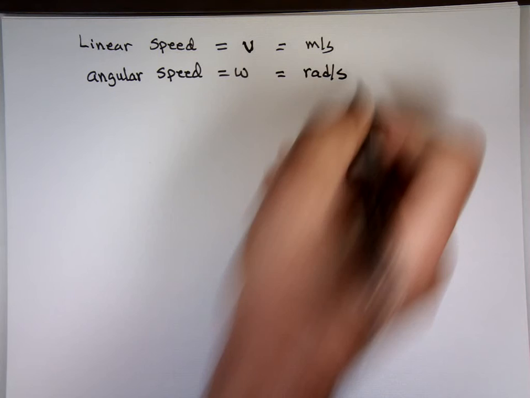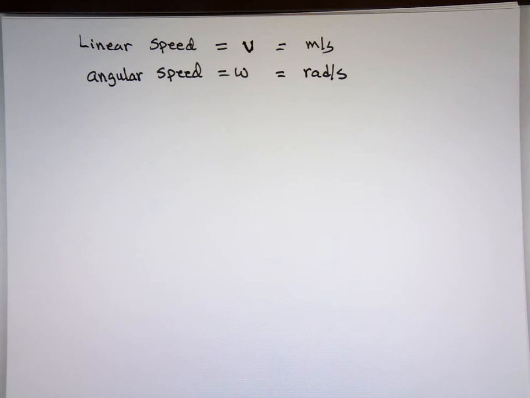The distance is measured in radians, the time is measured in seconds, so radians per second.